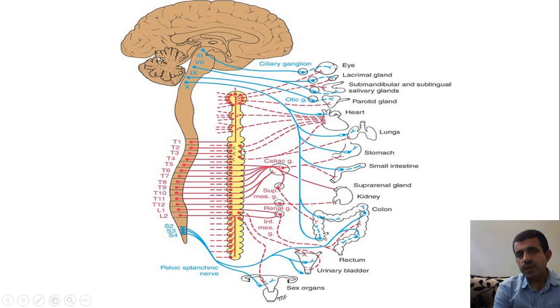So this area is called a ganglion. In a ganglion, there is a synapse. The neuron ends and another neuron will start.